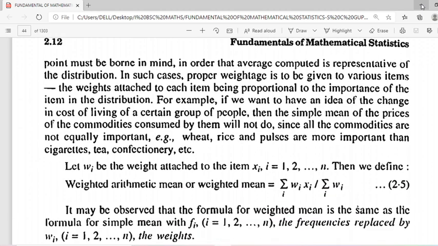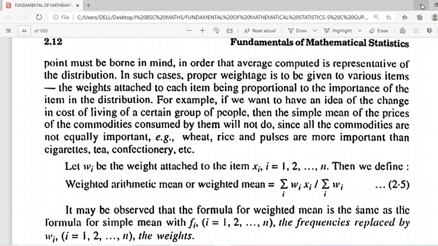For example, let Wi be the weight attached to the item xi. Another example is, suppose you are calculating your index mark for admission to a degree or PG course. In that case, we will assign different weights for different subjects.